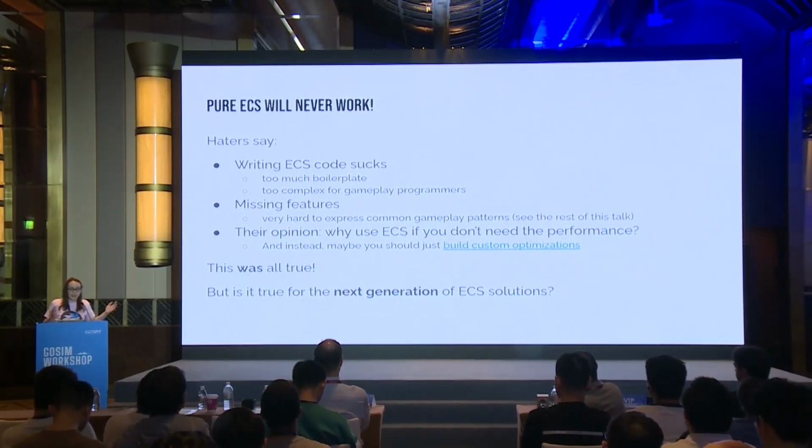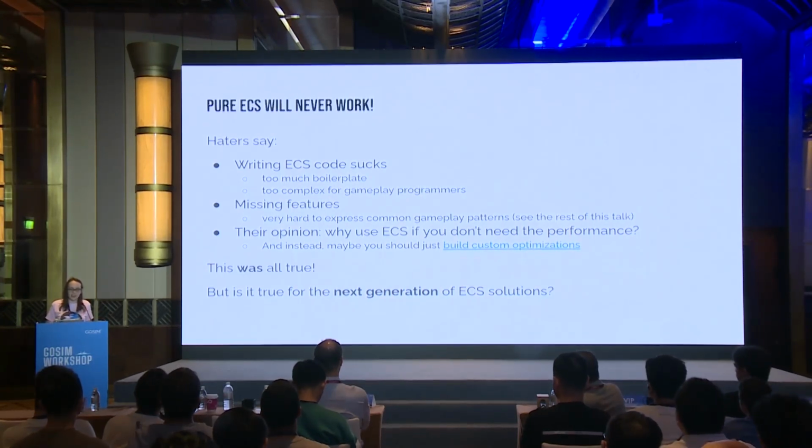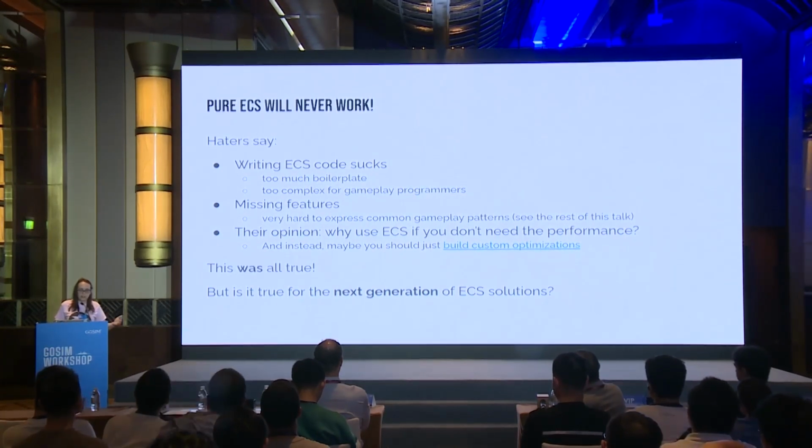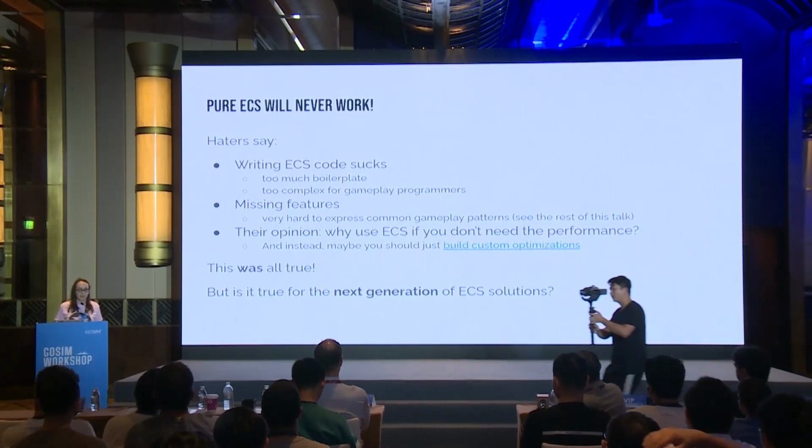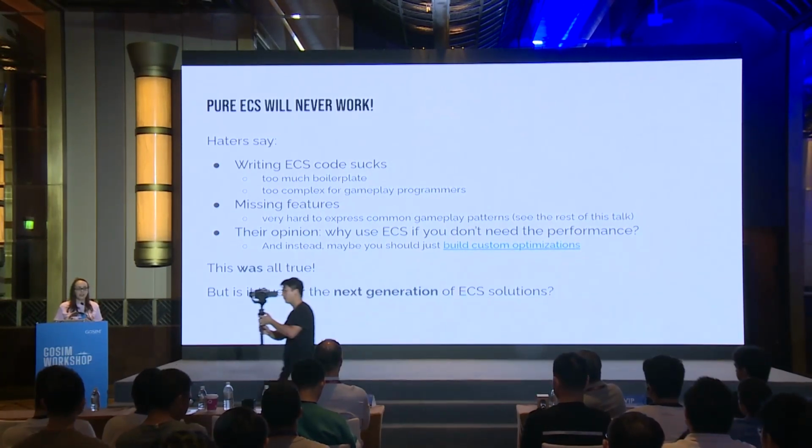And I agree with them. If you have a last generation ECS, don't use it if you don't need the performance. This is a bad idea. But we're not the last generation. Bevy, along with the Flex and a couple of other modern engines, are an entirely different beast. I would call them the next generation of ECS.